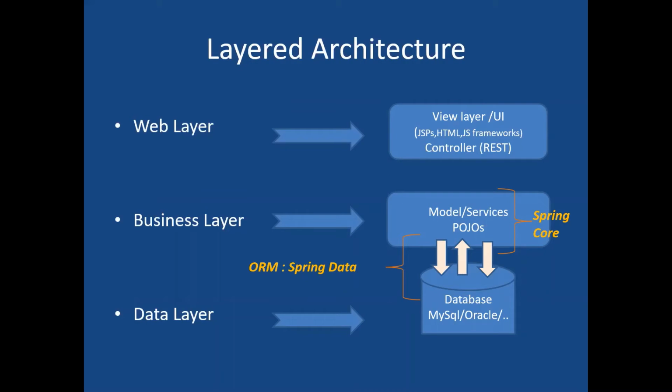So for the web layer now, Spring provides an API to create the web layer of your application. Spring Web follows MVC architecture. It also provides the dispatcher servlet, which acts as the front controller.